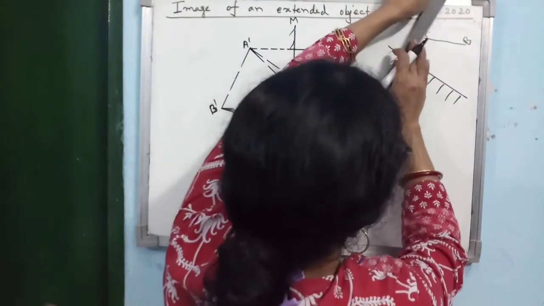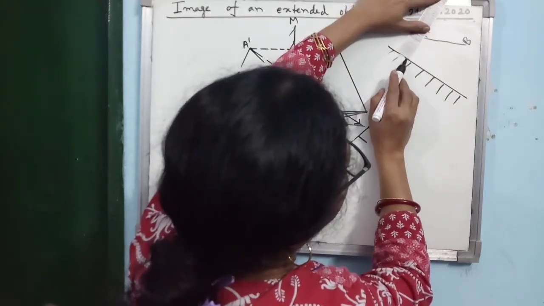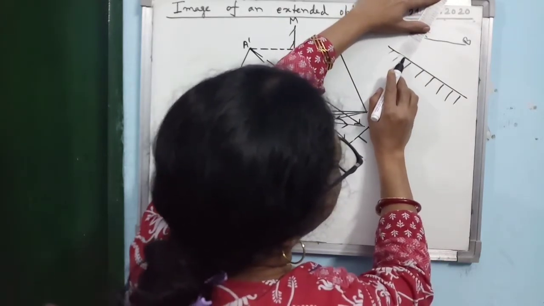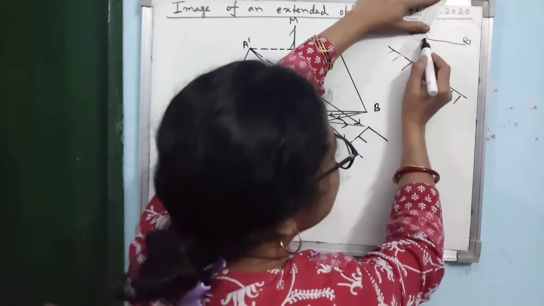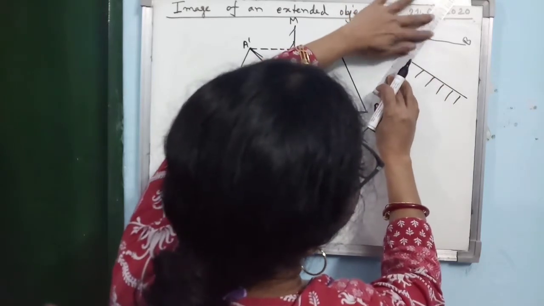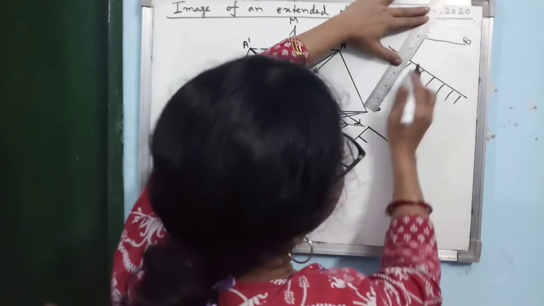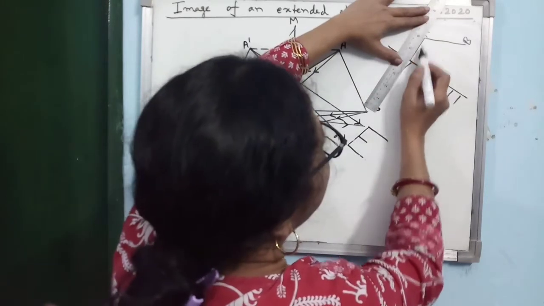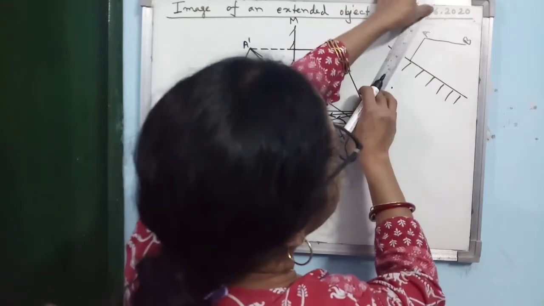You hold your scale so that you just see the edge. You hold your scale so that it becomes perpendicular to the mirror, and not only that, it is passing through A. Then you join this line and extend it, and measure the distance of A from the mirror and mark the same point opposite to it.